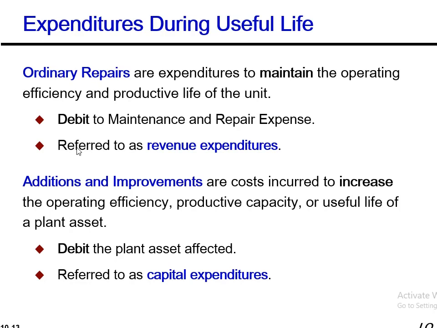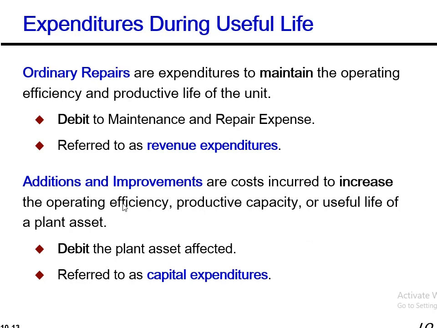Sometimes company performs some additions or they do some improvements cost. Why they do that? Because they want to increase the operating efficiency, not maintain. Maintain is for ordinary. They want to increase the operating efficiency or the productivity or the useful life of the asset.